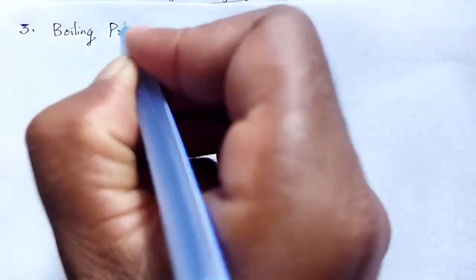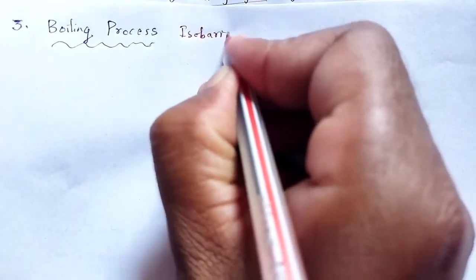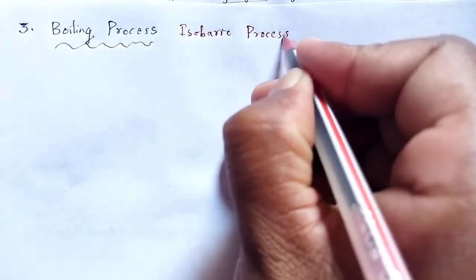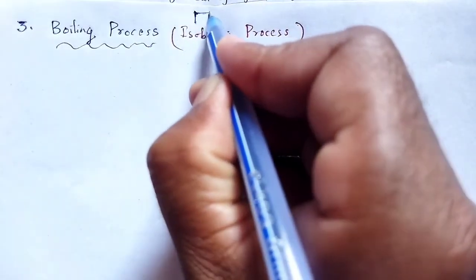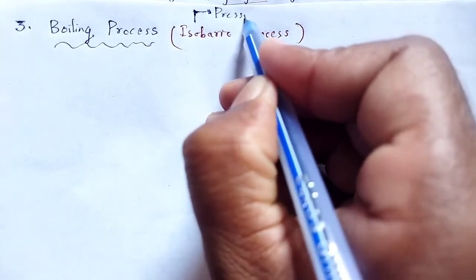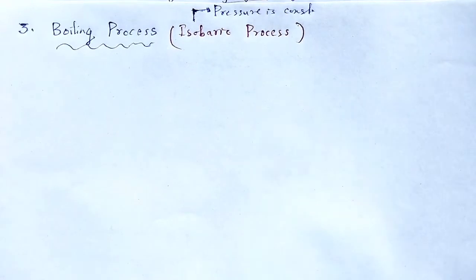Then another application of the first law of thermodynamics, the third application, the boiling process. Here we take the thermodynamic process as isobaric in nature. Isobaric means pressure is constant, so the change in pressure will be 0.